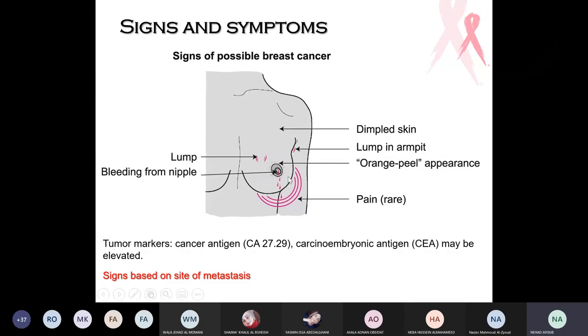We can see changes to the nipple, like inversion, retraction, discharge sometimes, or bleeding from the nipple, and so on. So if a woman is regularly doing breast self-examinations, which we will talk about when we talk of prevention and awareness, she becomes familiar with her breasts, okay, and then she can tell if there are abnormalities or changes, okay.